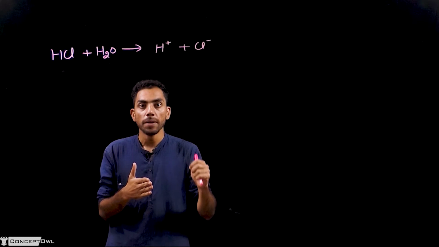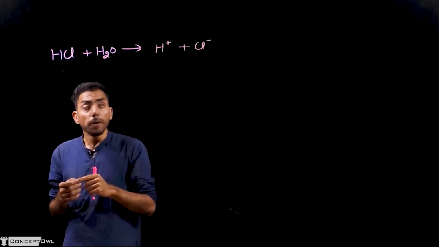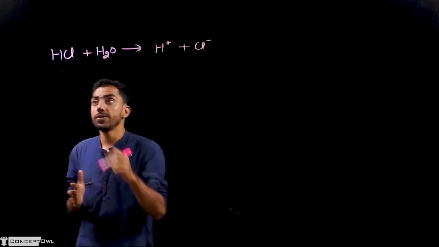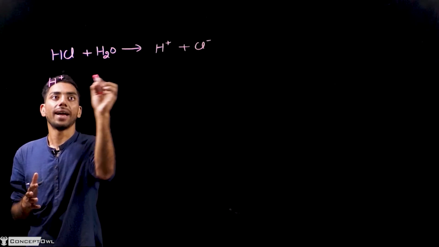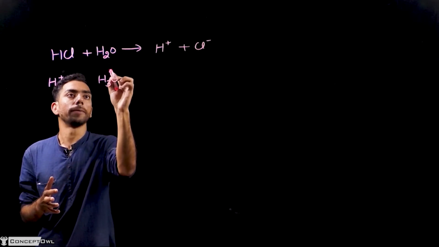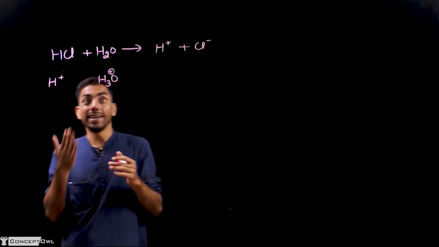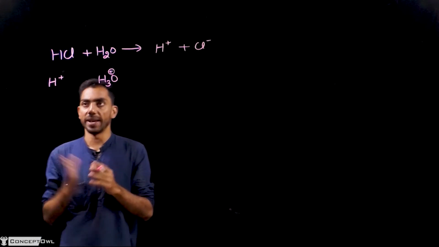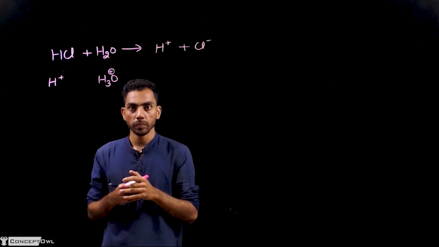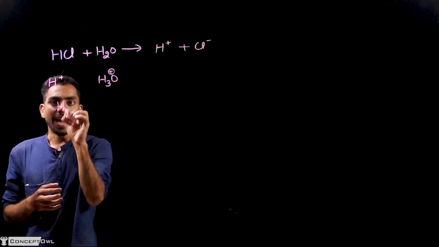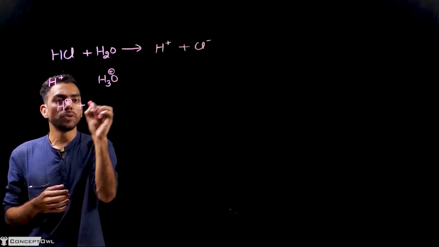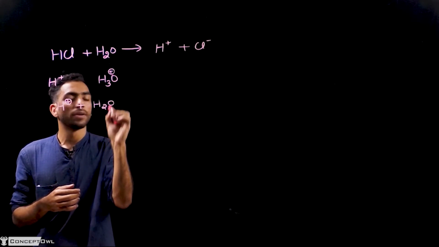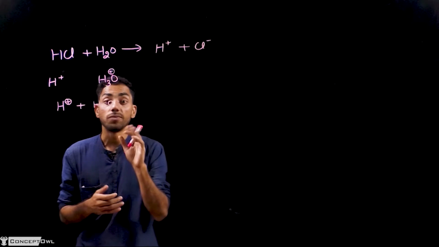Is it clear? Now one more thing, many of the students have confusion between H positive ion and H3O positive ion. In your book, you'll find H positive also and H3O positive also. So what is the difference between H positive and H3O positive? This H positive ion actually does not exist in water.